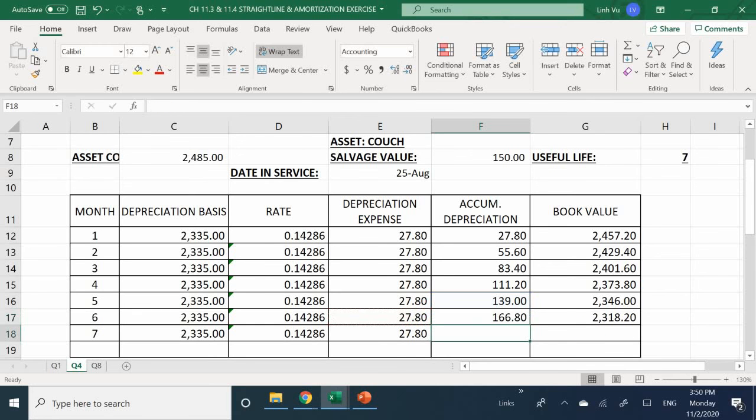Good. Okay. I have $2,318.20. Good. So what's the last one that we need to solve for?